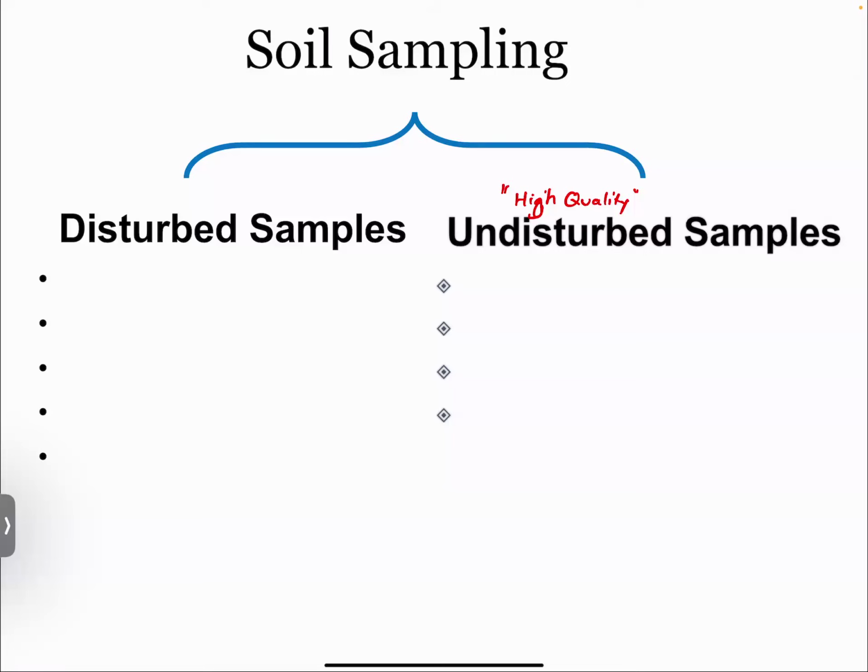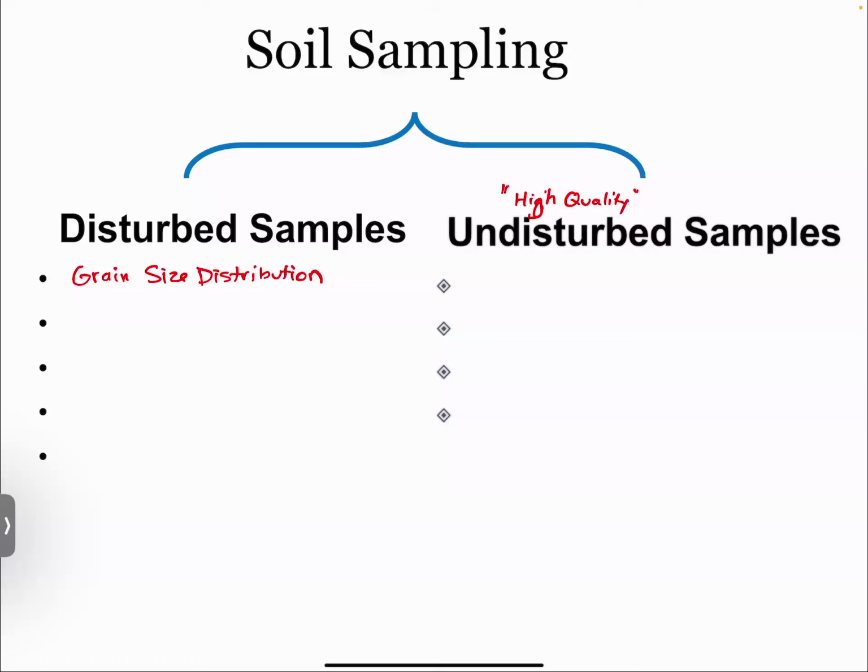Obviously, there's some types of lab testing that we can do on disturbed samples, such as the grain size distribution. So lab 3 that we just did, right? It doesn't matter, because through this test everything gets disturbed anyways. What we care about mainly is the ratio of the thicknesses and stuff.